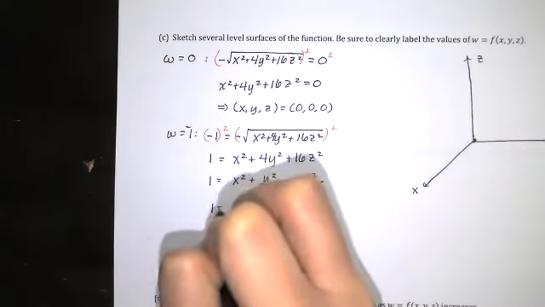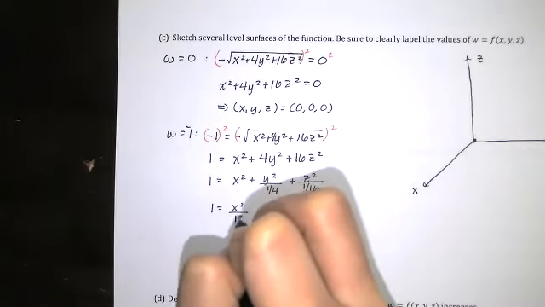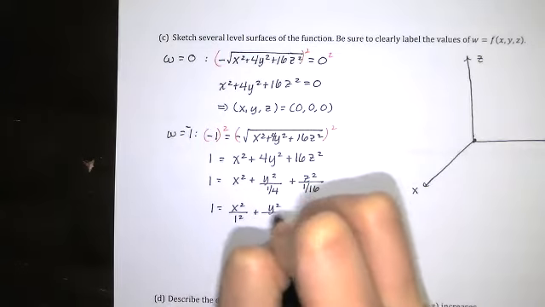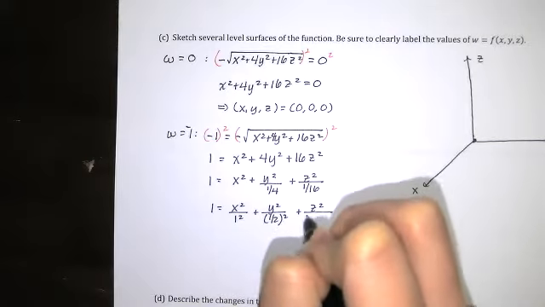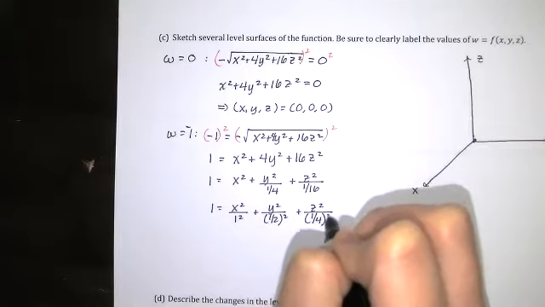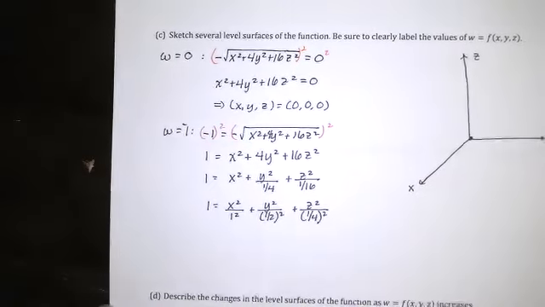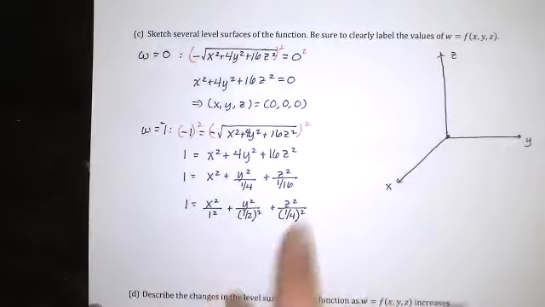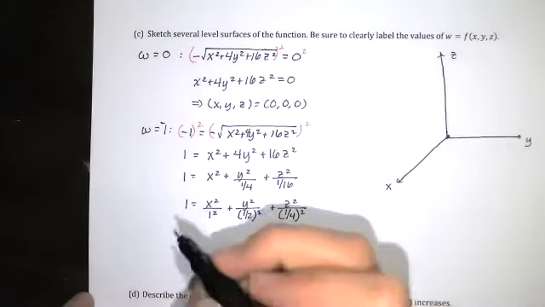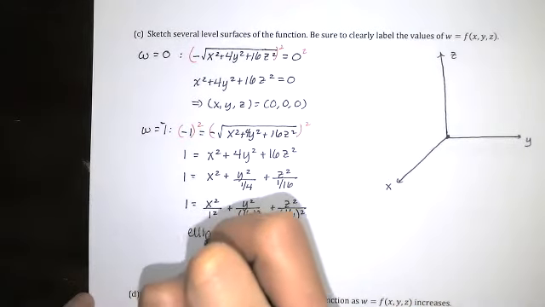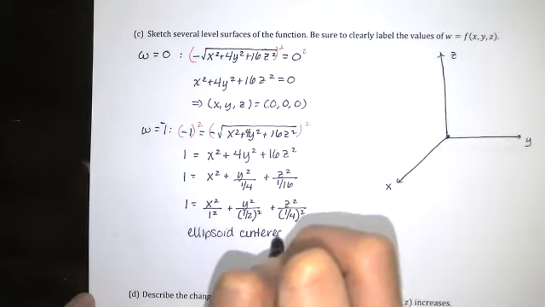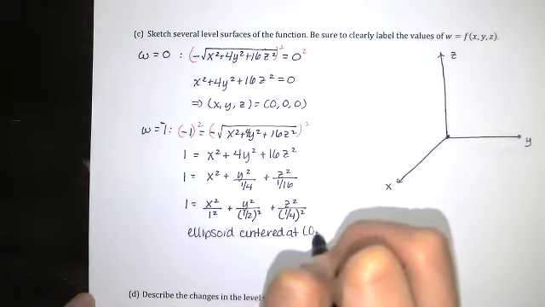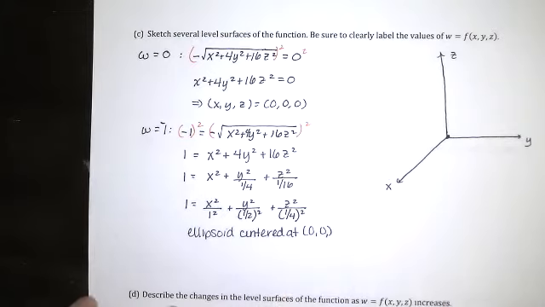Now, to write this in standard form, normally we like to have an a squared, a b squared, and a c squared in the denominator. So I'm going to take each of those numbers and write them as perfect squares. Now, I can see from this that I've got an ellipsoid centered at the origin. Oops, 0, 0, 0.